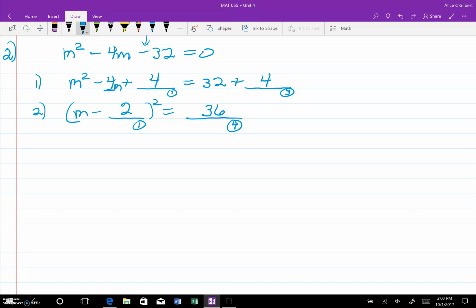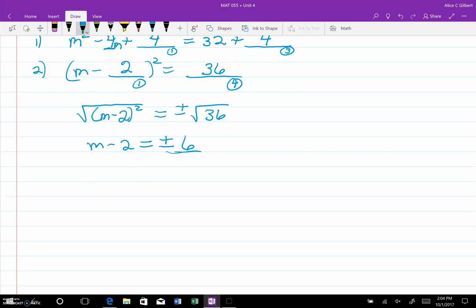Now I'm ready to use the square root property method. So I take the square root of the m minus 2 squared, and then plus or minus the square root of 36. And now I get m minus 2 equals plus or minus, and the square root of 36 is 6.